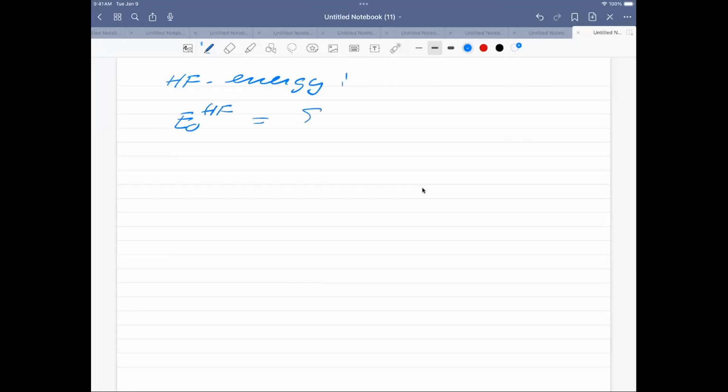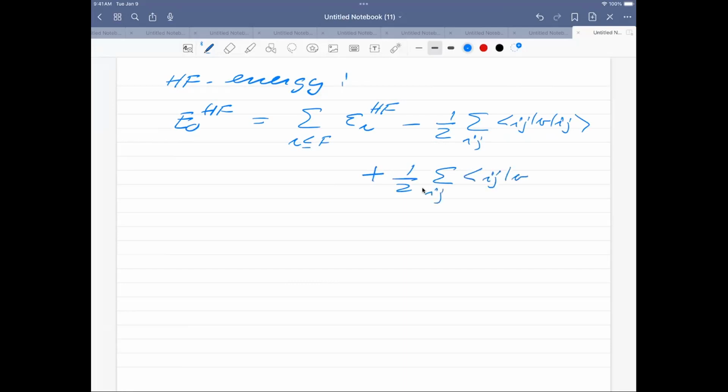And this is something which we can rewrite as a sum over all the single particle energies below the Fermi level. So I have an epsilon i Hartree-Fock minus, and then we had a factor of a half, and then we had this ij v ij, the direct term, and then plus 1/2, which is the exchange term, ij v ji.